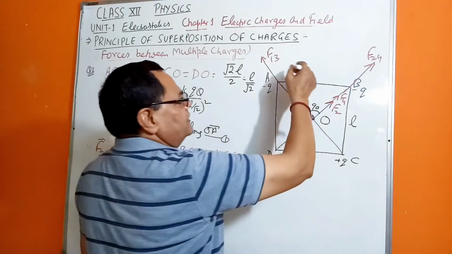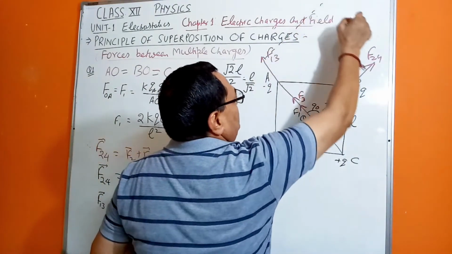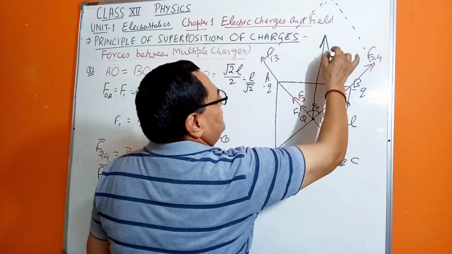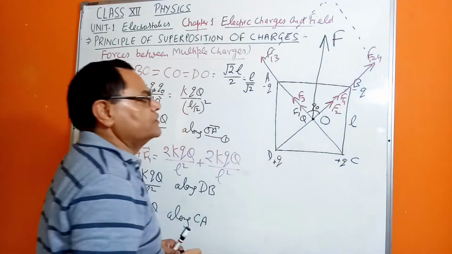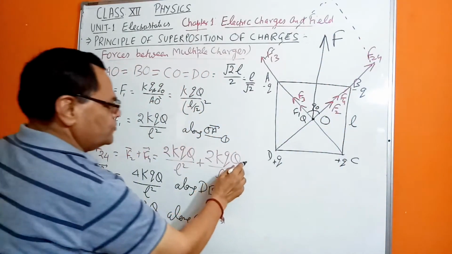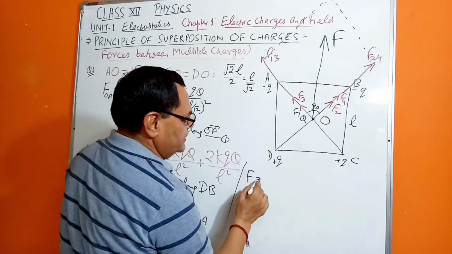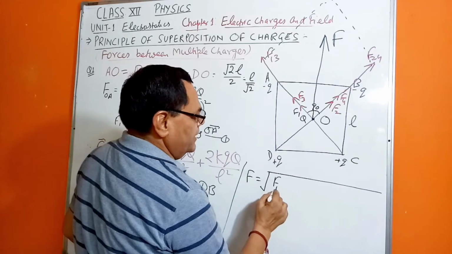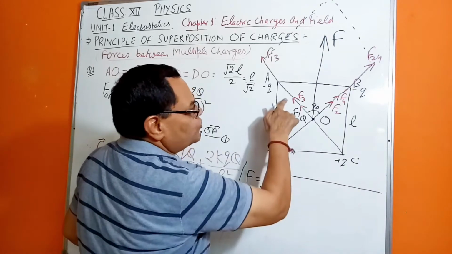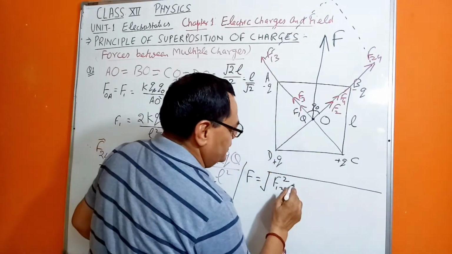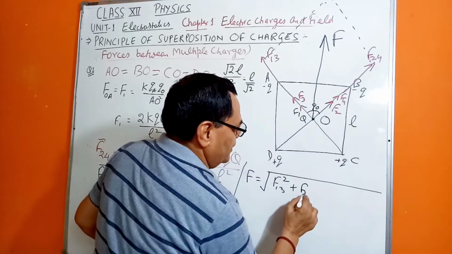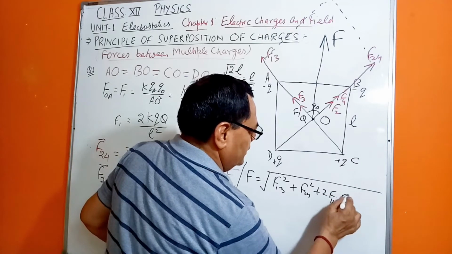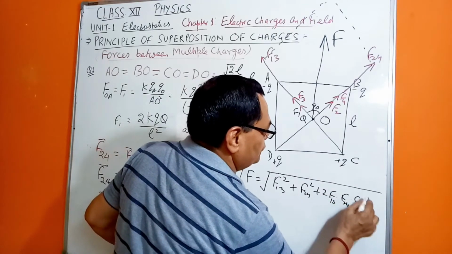So how to find the resultant? You can find the resultant by using the parallelogram law of vectors. You will see the overall resultant will be acting somewhere else. Let's say this is the total force. So by the parallelogram law of vectors, the resultant force will be equal to F13 square, plus F24 square, plus 2 into F13 into F24 into cos theta.